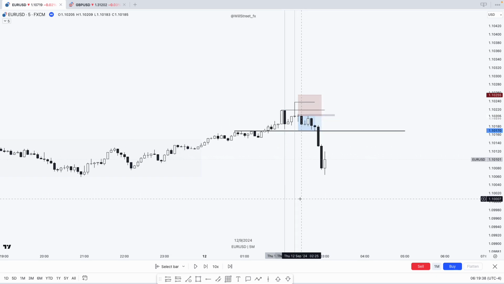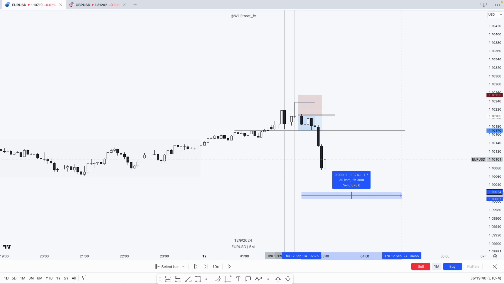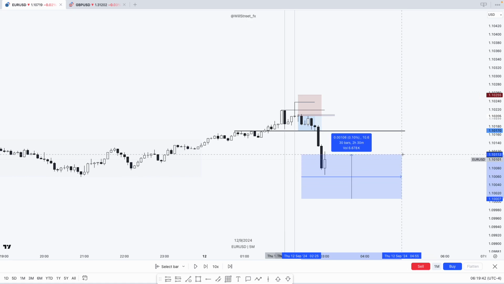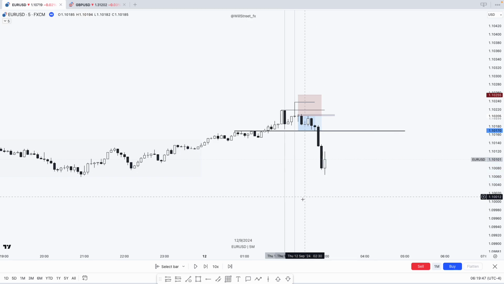We still have 3 hours left here. Okay, 2.5 hours left. So in this case, we don't wait for this candle to print a lower low because we are going counter trend.